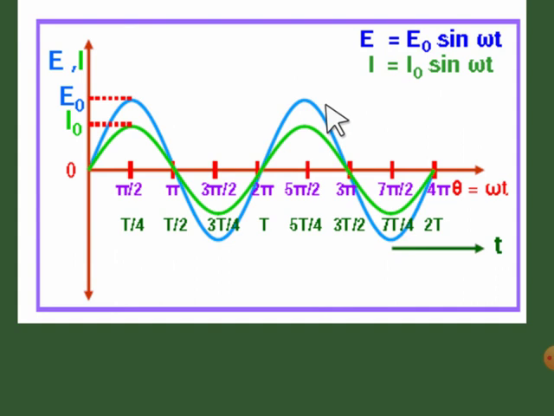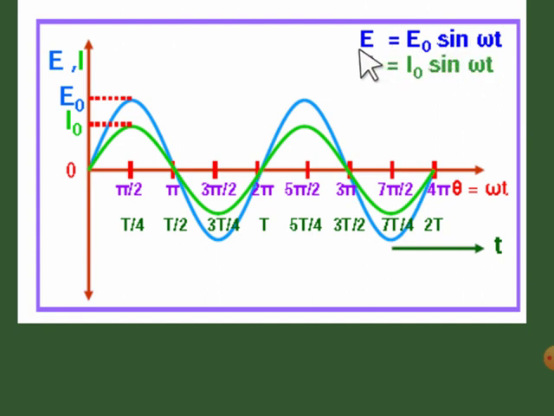A sinusoidal function can be a trigonometric sine function or a cosine function. Let's take the sine function first, and see how it has these properties of changing magnitude continuously and reversing direction periodically. E is equal to E naught sine omega t.